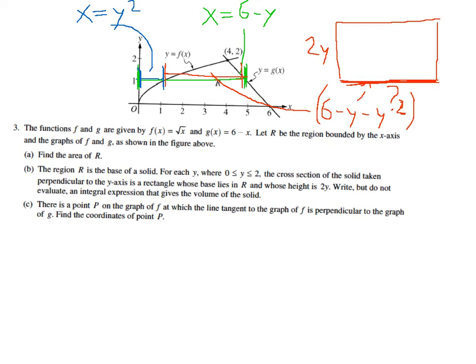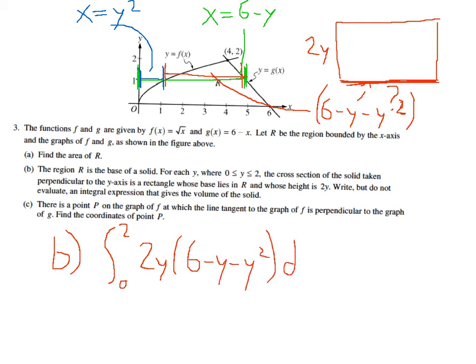We want to find a volume, so we imagine that each of these has an infinitely thin width, and then I integrate to add all of them up. So my answer for part B should be the integral from 0 to 2 of the area of my rectangle, 2y times 6 minus y squared, dy.